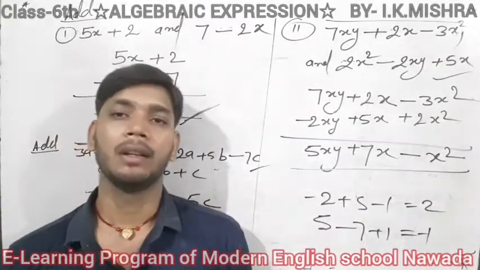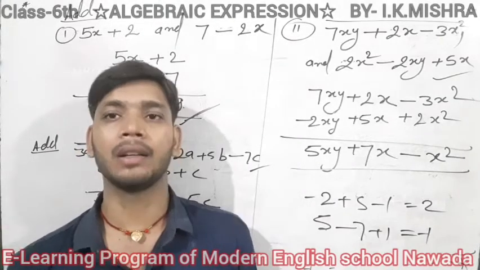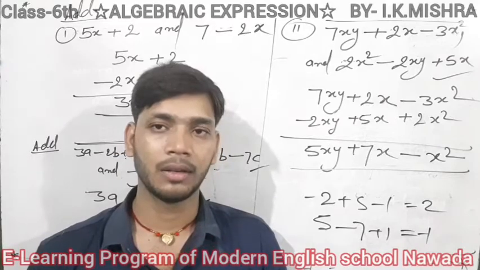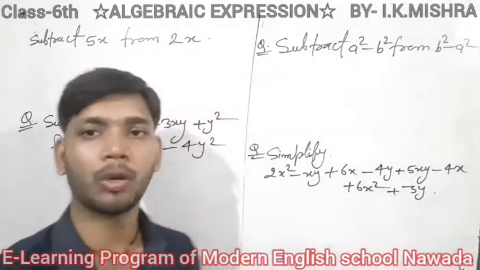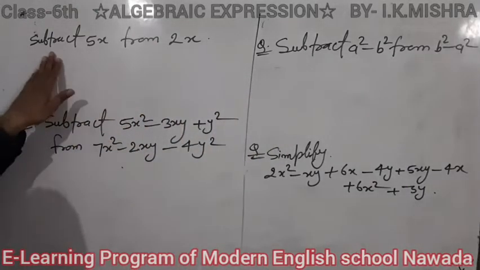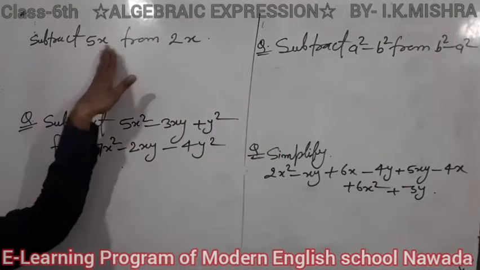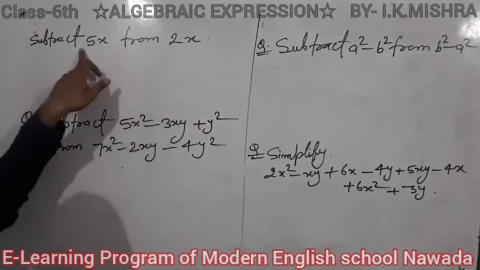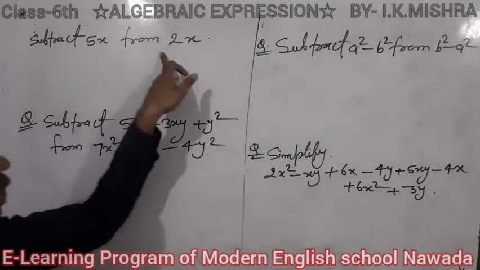Now students, I am going to discuss here subtraction of algebraic expressions. Here on the board I write some questions. First, subtract 5x from minus 2x. That means, students, you have to subtract 5x from 2x.